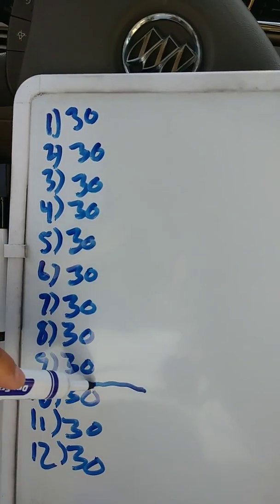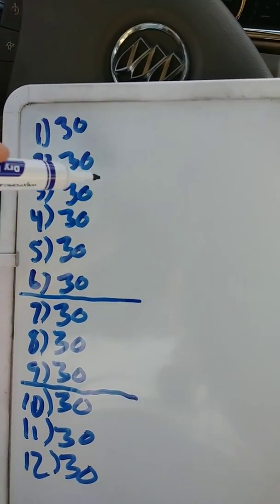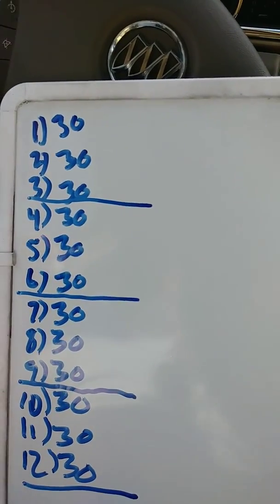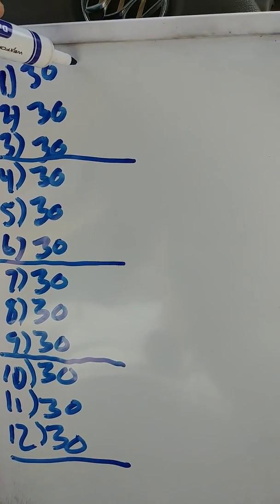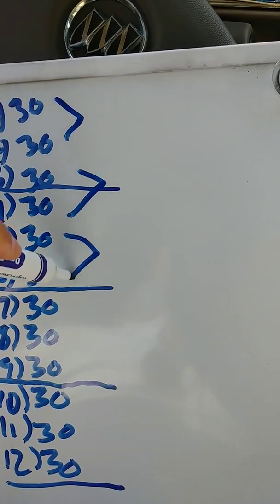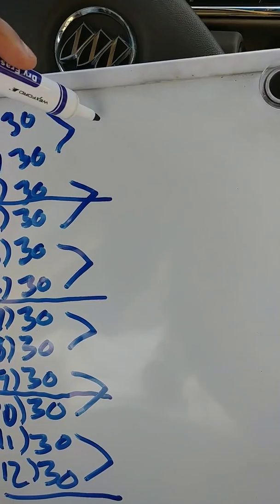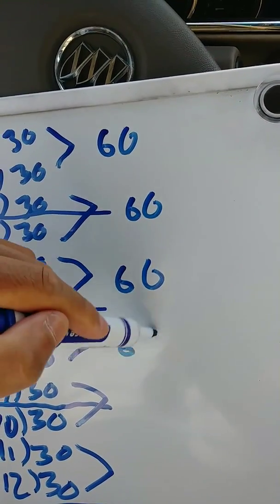Now we're going to divide the year into 4 parts. So notice that when we add up the days per every 2 months, they total to 60.